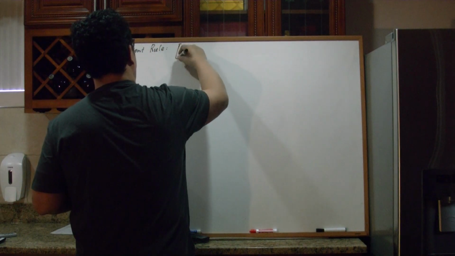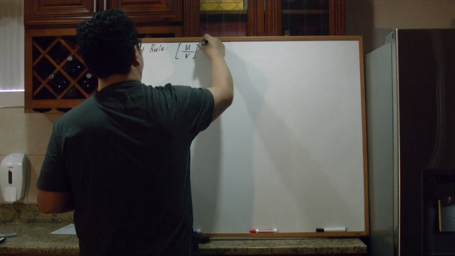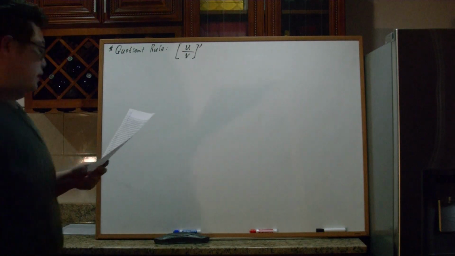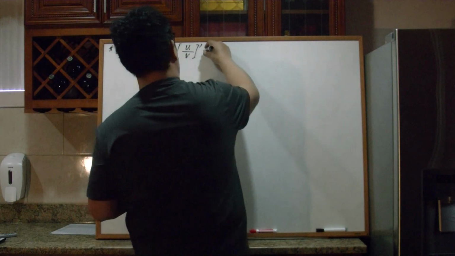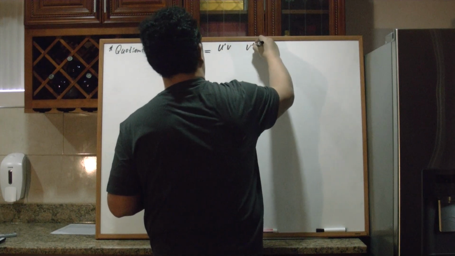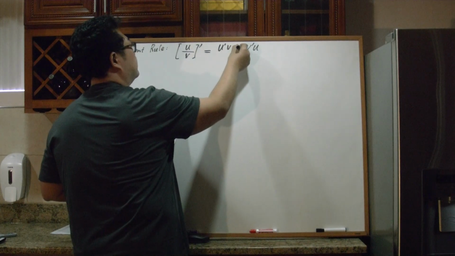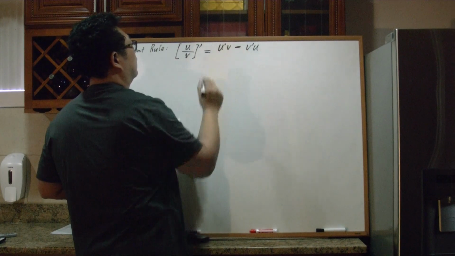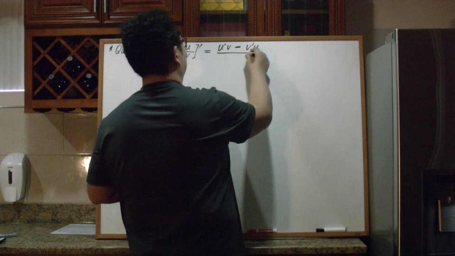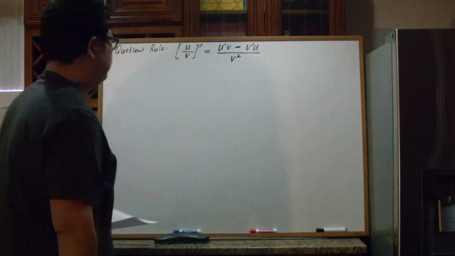We have a quotient, u over v. We want to find the derivative of u over v, that is u prime times v minus v prime times u on the numerator, with a negative sign in the middle, over the square of v, over v squared.